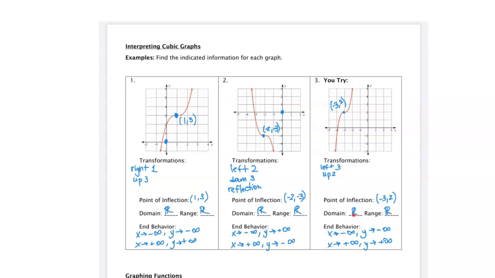Domain and range are both all real numbers. And our end behavior: as x is going towards the left, our line was going down, so y is going towards negative infinity. And as x is approaching the right, our line is going up, so y is going towards positive infinity.